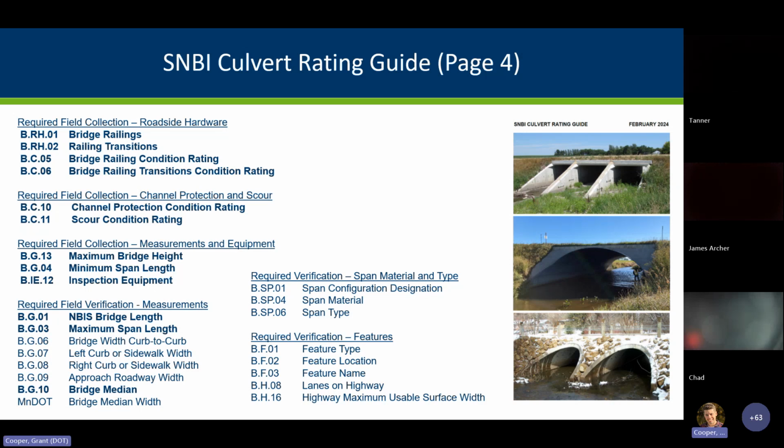After that, Grant Cooper will cover a number of measurement items. Then Joe Rusella will cover some of the inventory items for span, material, type, and features. The items here in bold are all new and blank, and at a minimum we have to get them filled in. A lot of these other ones are going to be more or less migrated, and we just want some verification of those.